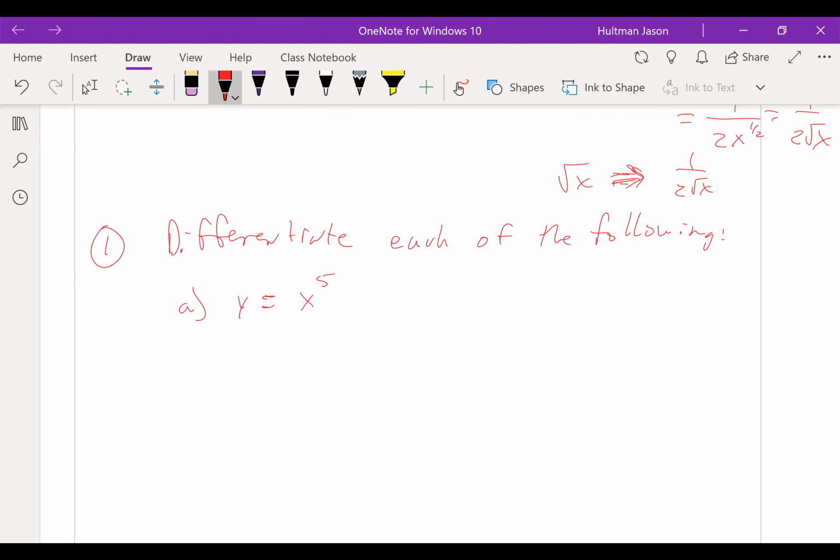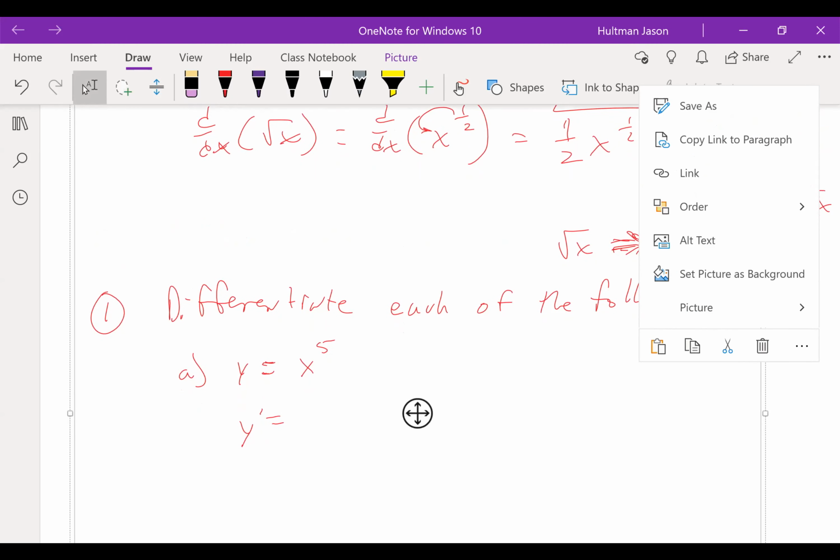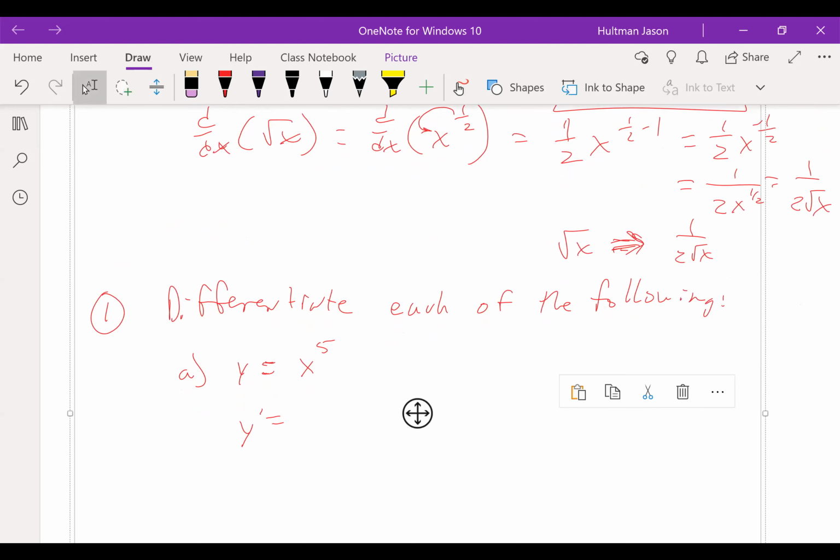We're going to take the derivative of this. We want y prime equals 5x to the fourth. Exactly, 5x to the fourth.